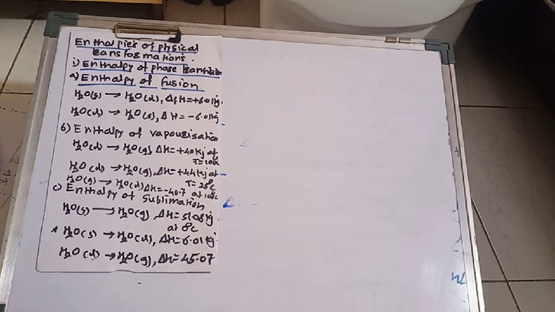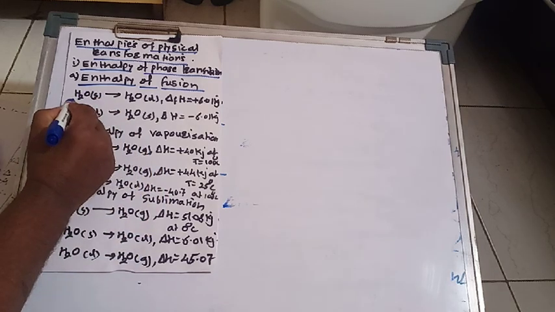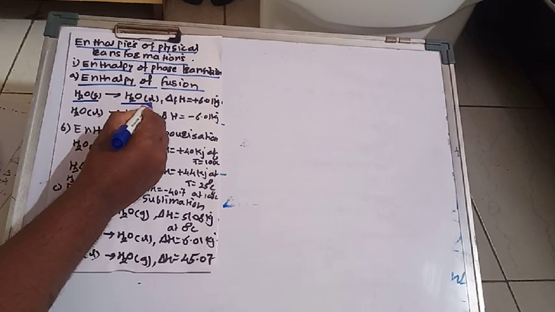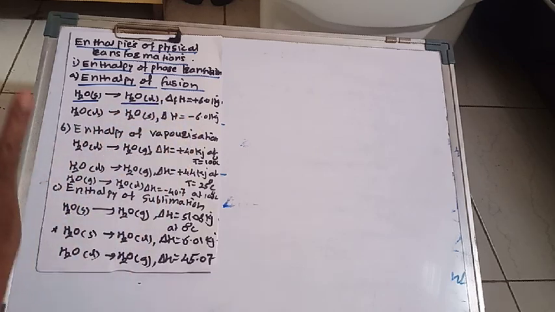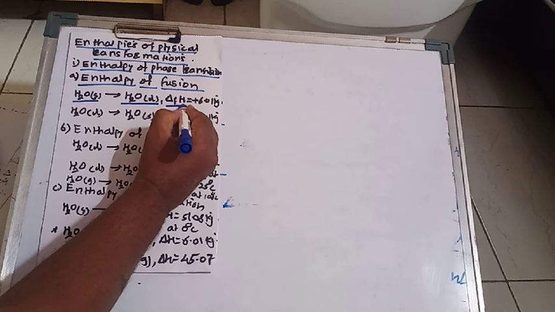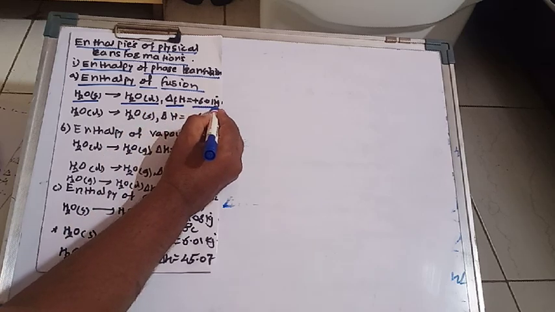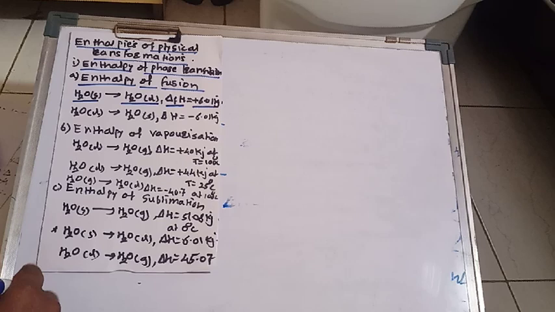This is endothermic. For example, H2O solid is converted into H2O liquid. This is enthalpy of fusion, so delta H is equal to plus 6.01 kilojoule per mole.